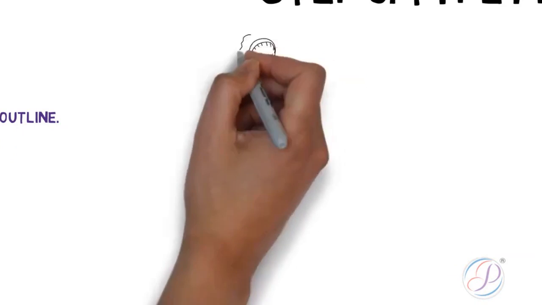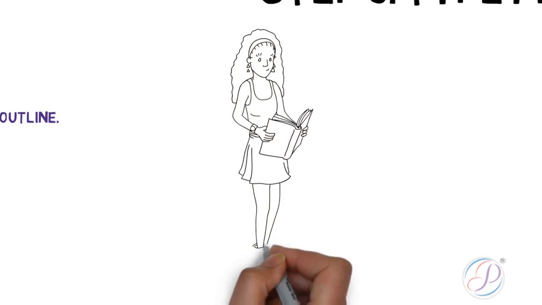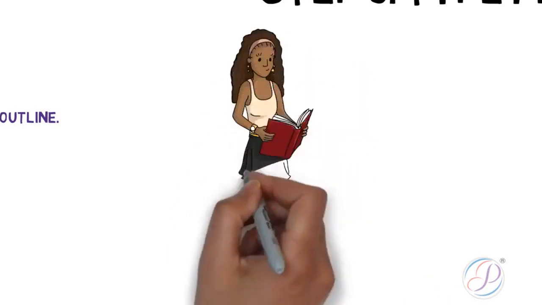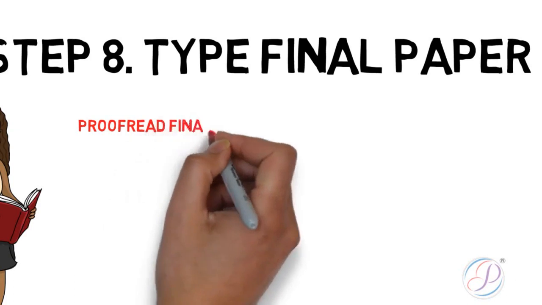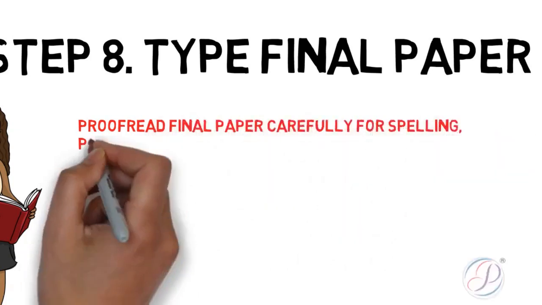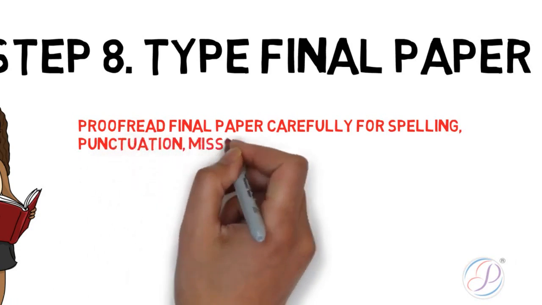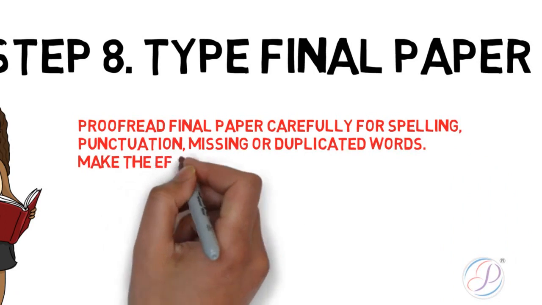Step number 8, type the final paper. After having finalized your outline and draft research paper, and after having edited it, you have to finalize your research paper. Proofread the final paper carefully for spelling, punctuation, and missing or duplicated words.